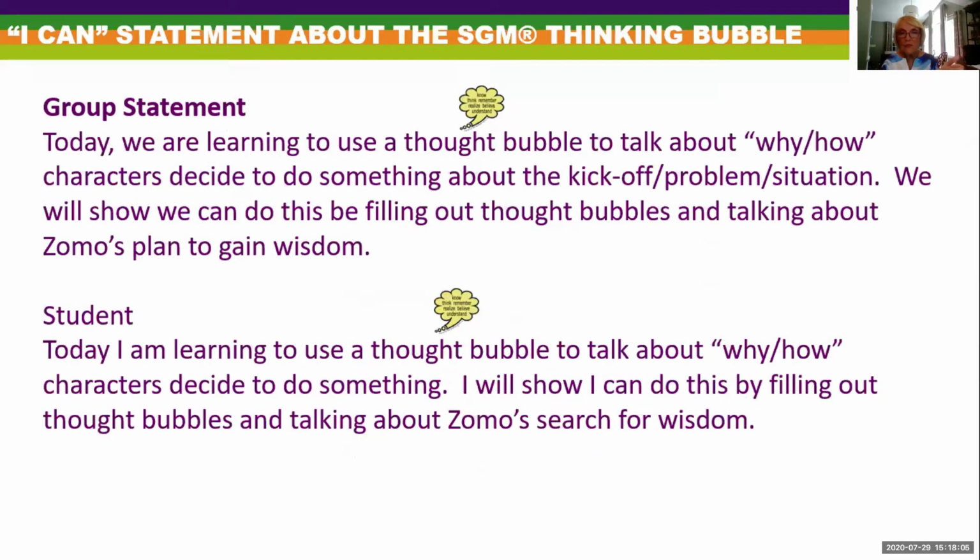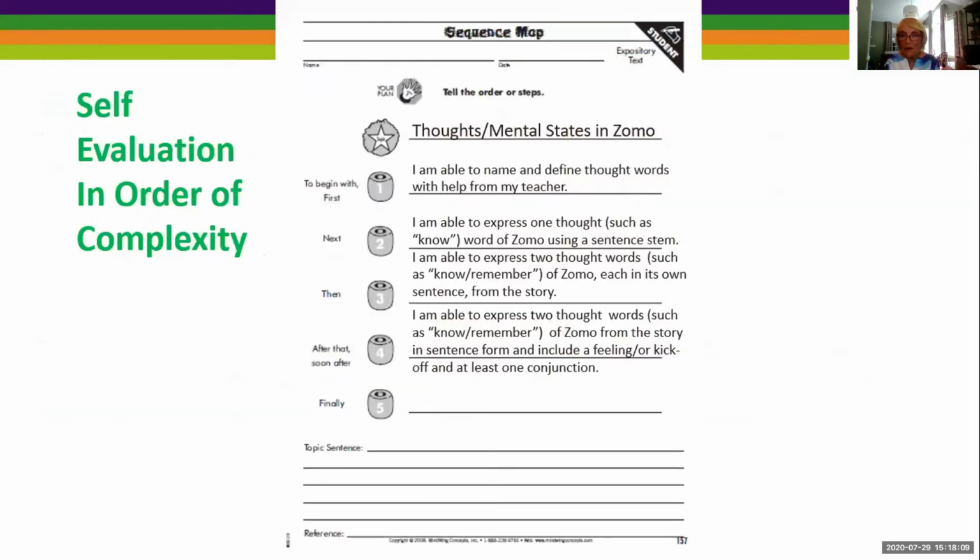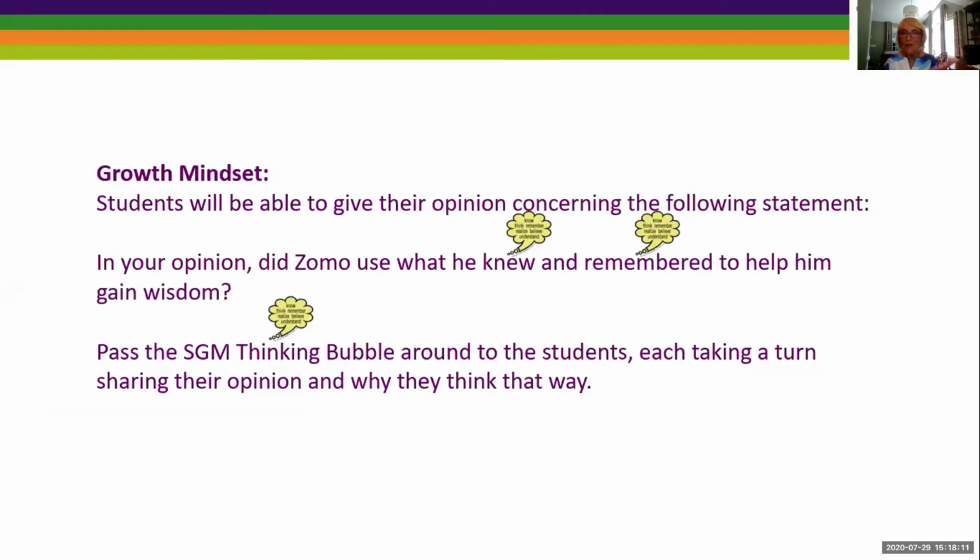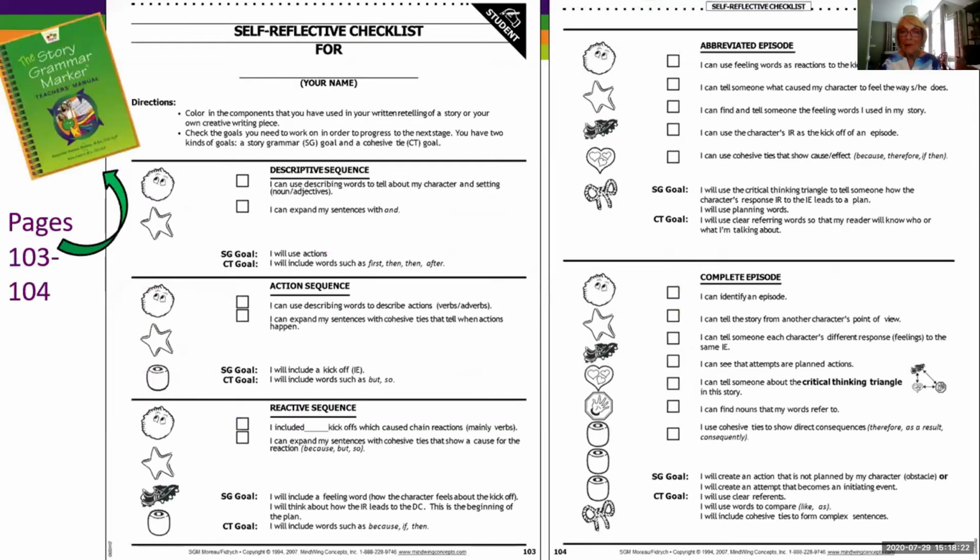And then there's a group statement about using a thought bubble. Same thing, thoughts and mental states. And then the growth mindset: what Zomo knew and remembered to help him gain wisdom. Now that's what we're going to talk about today, Zomo the Rabbit, that's the story.